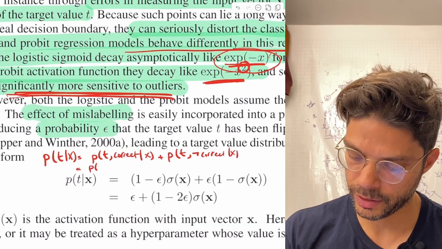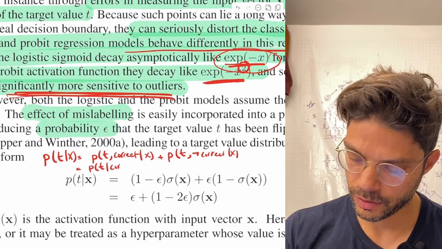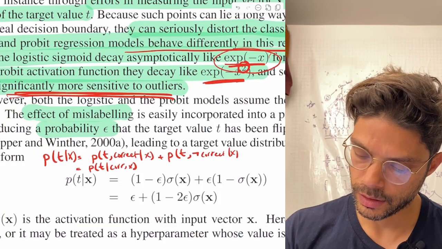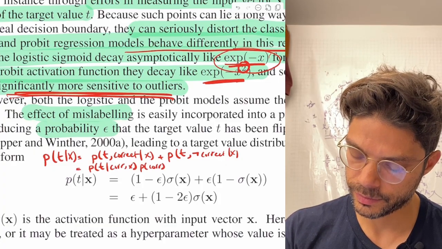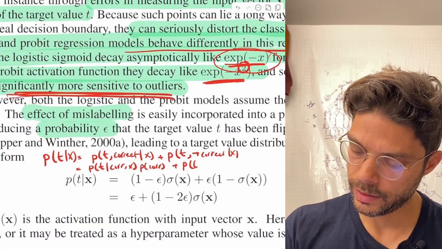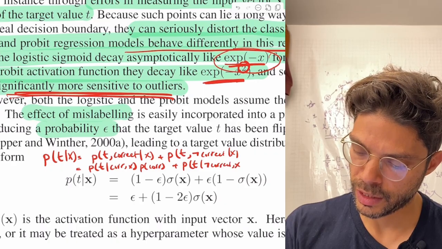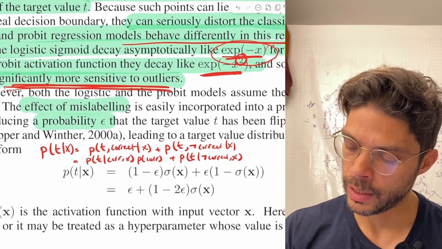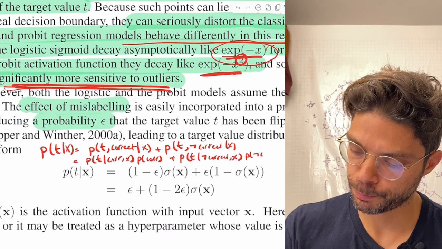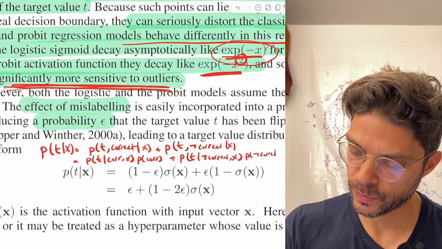And this is going to be probability of t given correct, x, times p correct, plus p of t given not correct, x, times p not correct, right?